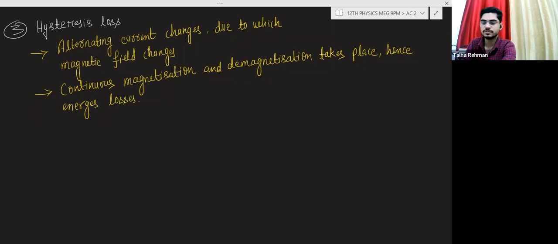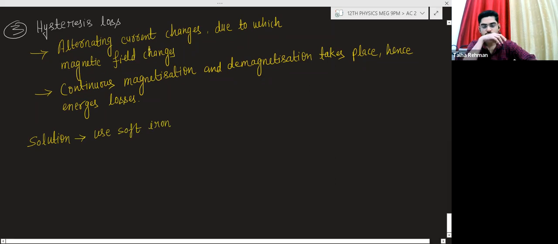So what is the solution of this? We use soft iron.